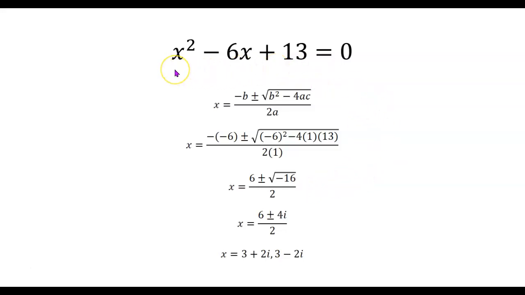So if you just have real numbers, there's no solution to an equation like this, because if you try to use the quadratic formula, you end up with the square root of a negative number in your solutions. So an equation like this does have solutions, but they're not real numbers. They are complex numbers, 3 plus 2i and 3 minus 2i.